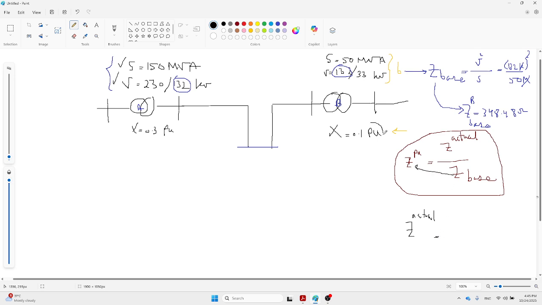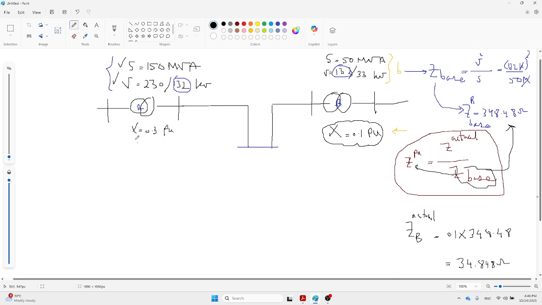The Z per unit is here, and this is the per unit value, and the base is given by this one. So it's 0.1 times 348.48. The final value is 34.848. This is the actual value for transformer B.